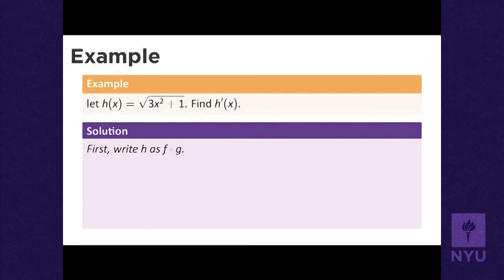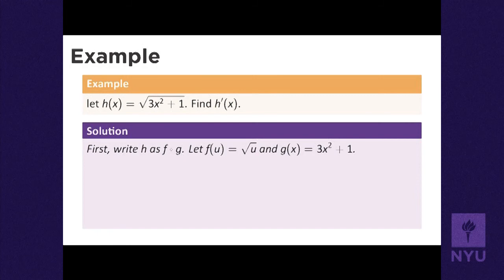So the square root of 3x squared plus 1 is the composition of the square root and 3x squared plus 1. Okay? Now, a lot of students want x to be the variable no matter what. So they'll say one of our functions is the square root of x, and the other function is 3x squared plus 1. I sometimes like to keep them separate, so I remember that this function takes as its input the output of the second function, g of x.